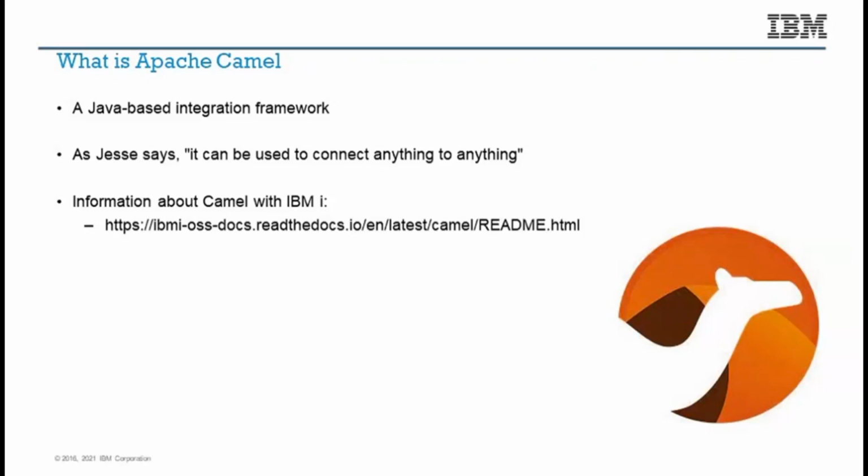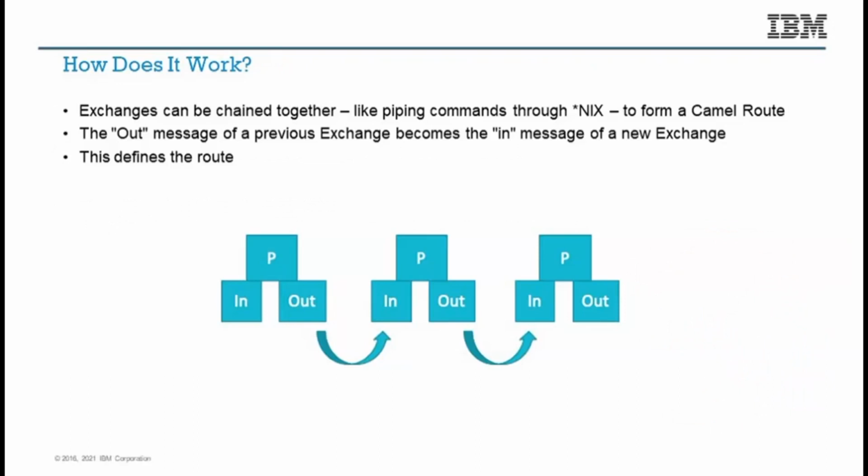And here's a good link in the handout as well if you want to go see some brief information about connecting IBM i to things with Camel. Right. But how does it work? It works similar to some other technologies. Those who have ever used Node-RED may be familiar with some of the concepts there. So it's very similar in architecture, but it just works by routing these messages through this thing called a route.